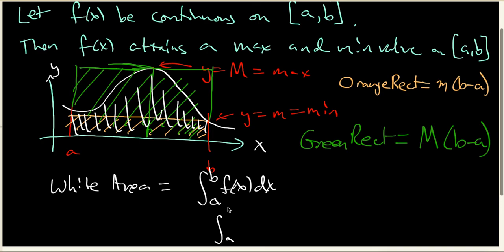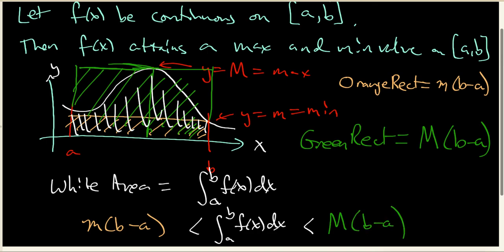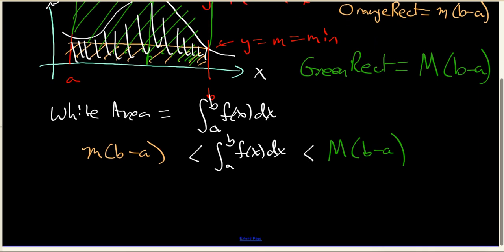The white area is going to be bigger than the orange rectangle, and the white area is going to be smaller than the green rectangle. And this is another important fact about bounding integrals. And so I want to list this fact as an important fact to remember as well.